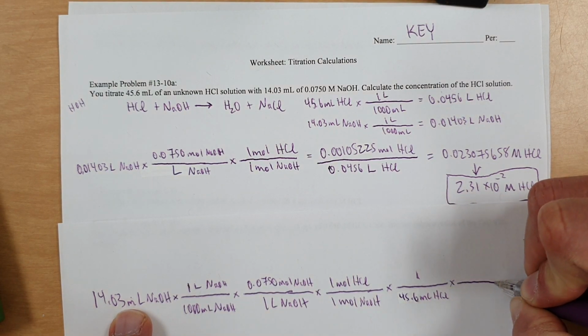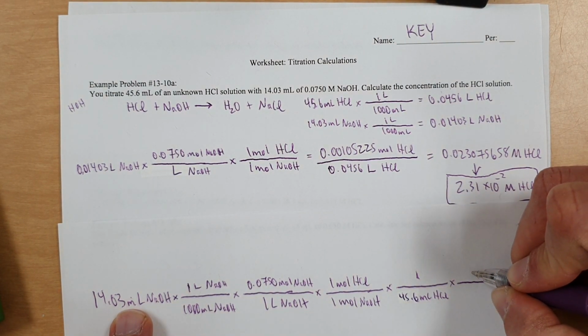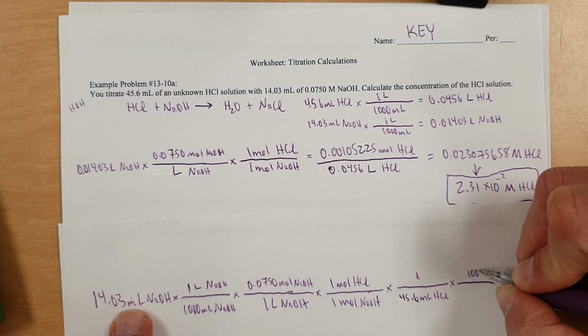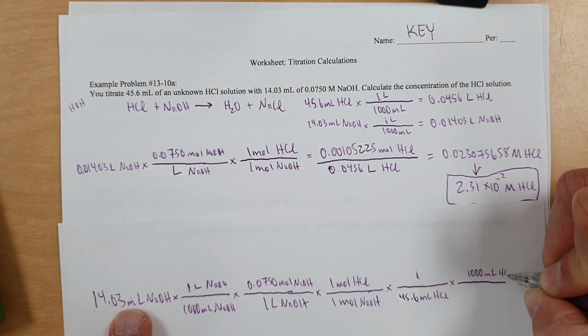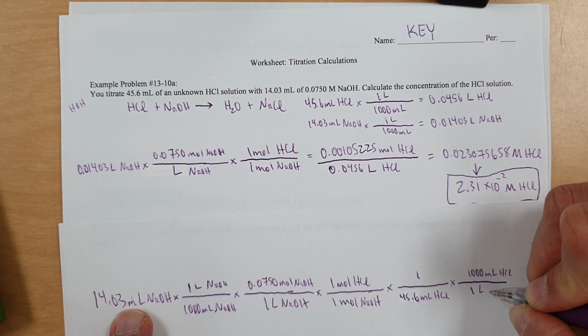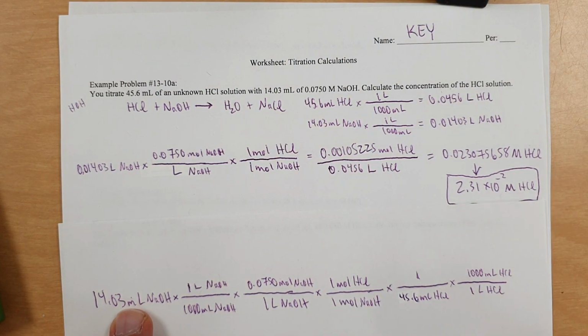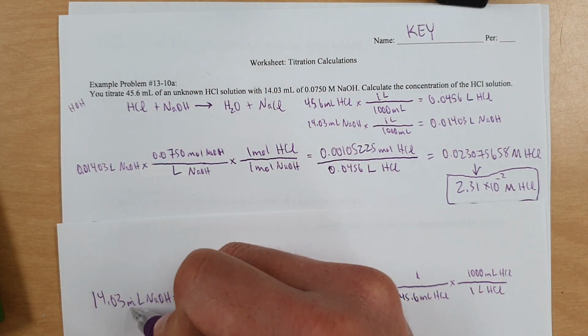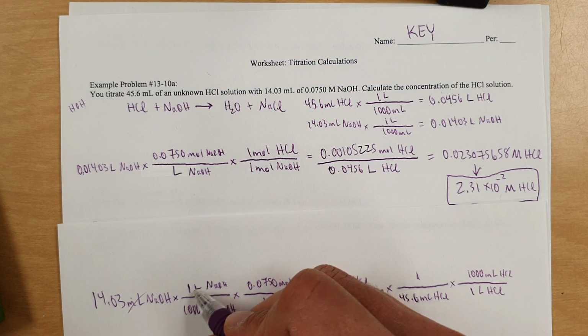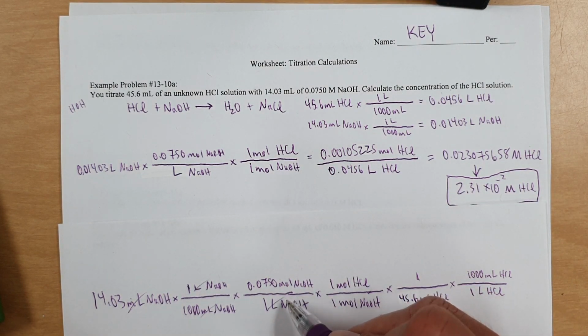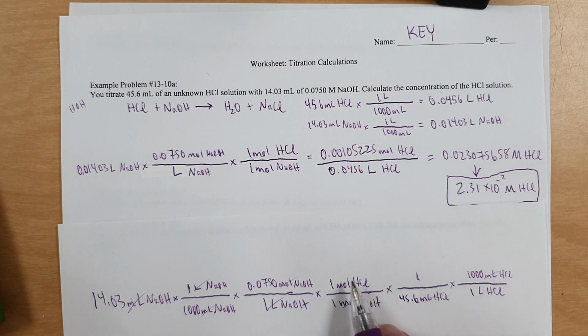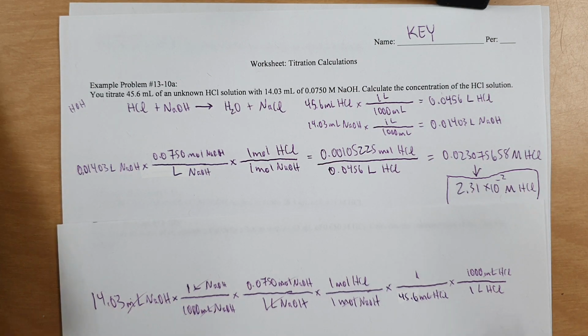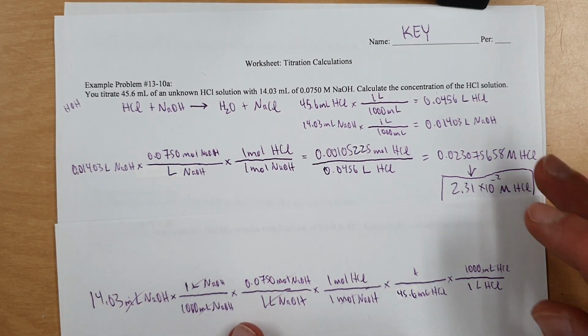And then I could put a 1,000 milliliters of HCl contains 1 liter of HCl. And that would see milliliter cancel milliliter of NaOH, liter of NaOH cancel liter of NaOH, mole of NaOH cancel mole of NaOH, and milliliter of HCl cancel milliliter of HCl to leave moles of HCl on top and liters of HCl on the bottom, with this weird little 1 as a placeholder.